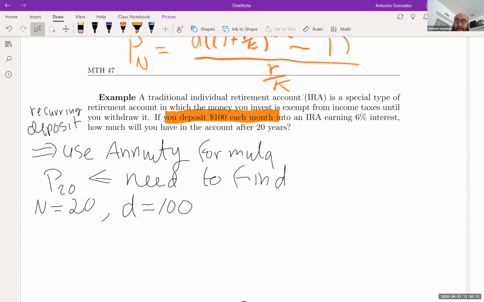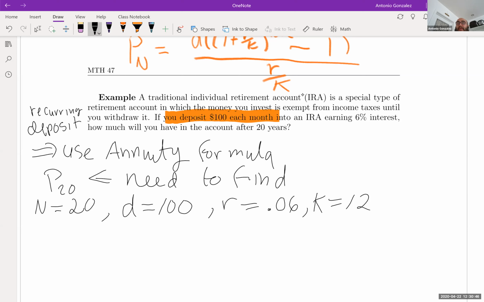The interest rate is easy, we see the percentage there: the interest rate is 6%. And then K. Notice that it doesn't tell us how often this account is earning interest, but as a default, if we make a monthly deposit, we assume K is 12.